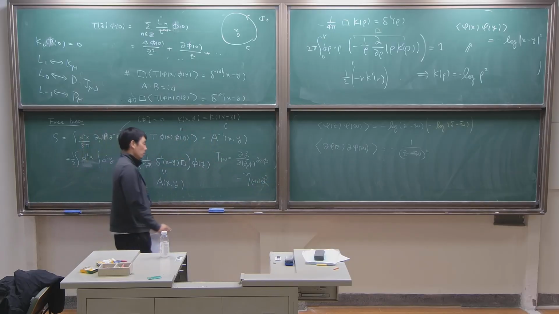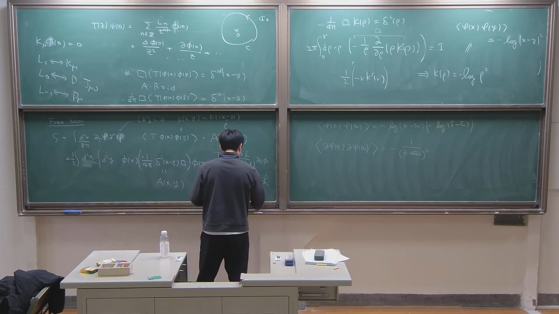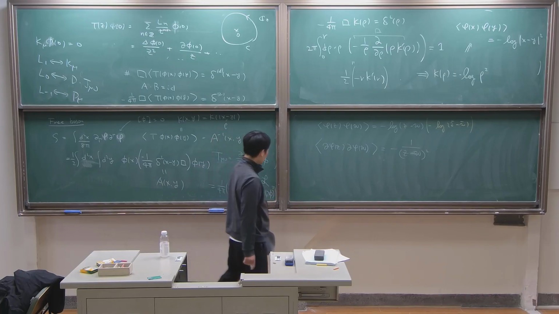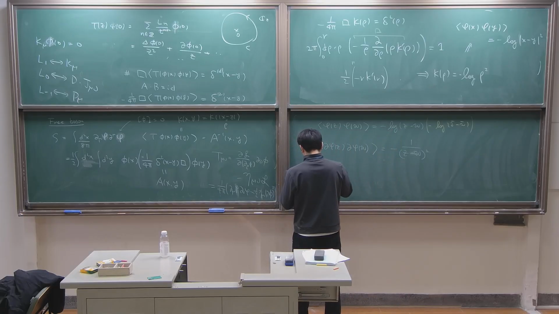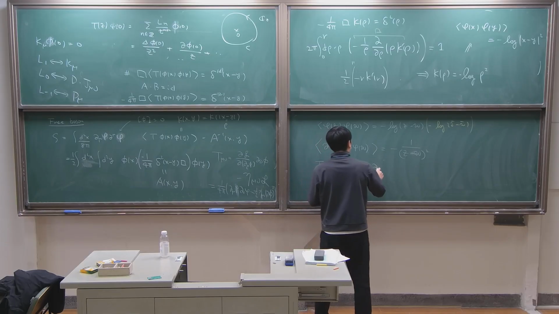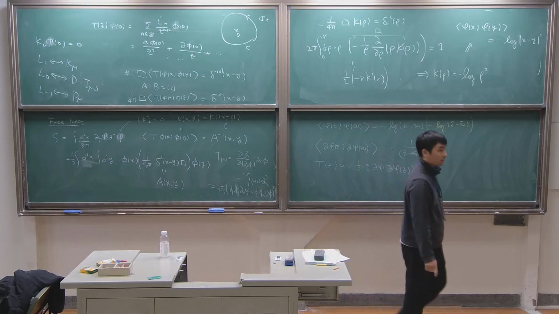If you do this, what you get is 1/4 pi times this one, minus 1/2 eta mu nu times this square. Then if you compute the T(z) part, T can be understood as equal to minus 1/2 normal order product of del phi del phi.